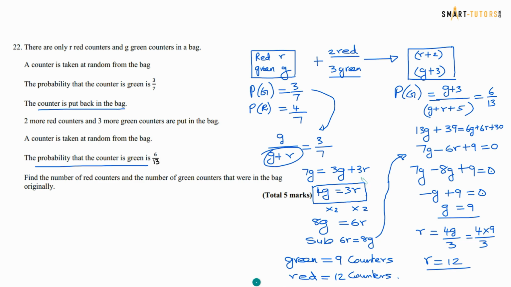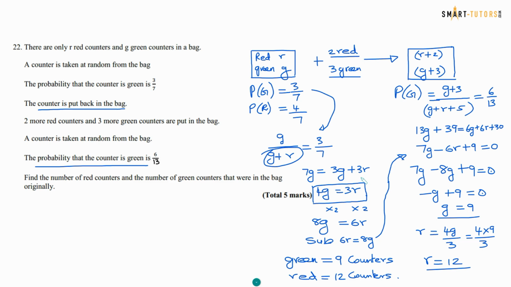If you cross multiply, 13 times G is 13G, 13 times 3 is 39, then 6 times G is 6G, 6 times R is 6R, 6 times 5 is 30. So if you bring everything to one side, 13G take away 6G is 7G, minus 6R, 39 take away 30 is 9, equals 0.